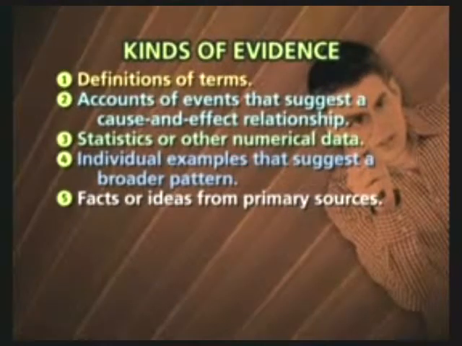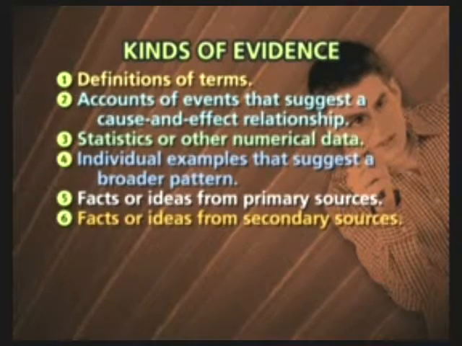And another type of evidence to be looking for, to include in your paper, is facts or ideas from secondary sources. Remember that secondary sources would be materials written by historians, scholars, students, and other experts after the events that you're describing. So a biography of Lincoln, or a history of the Civil War, or a scholarly paper about the election of 1860, any of these would be a good secondary source.